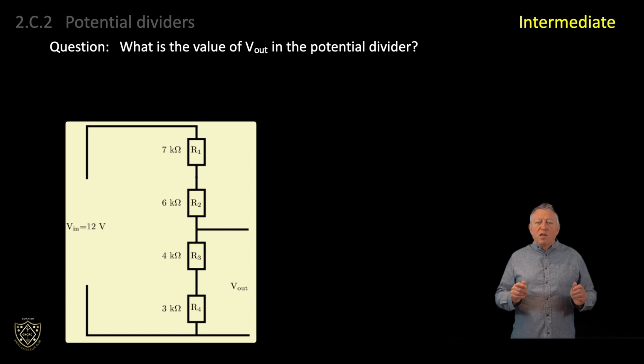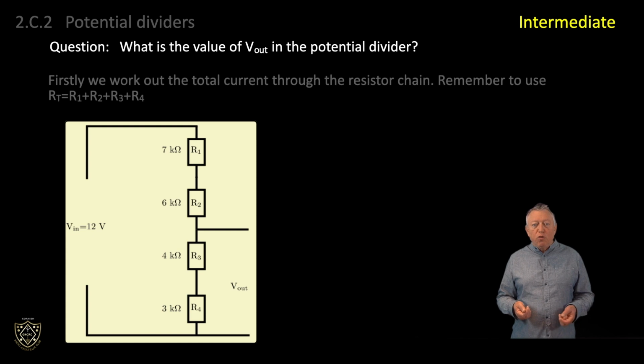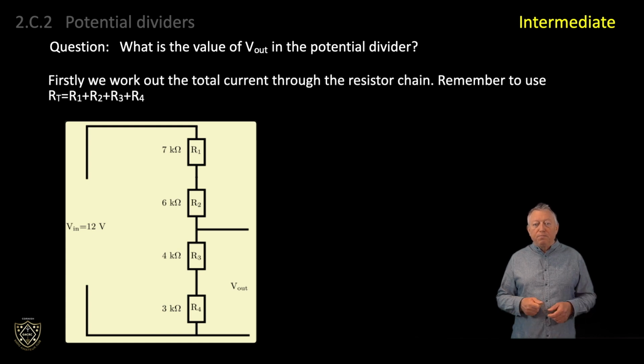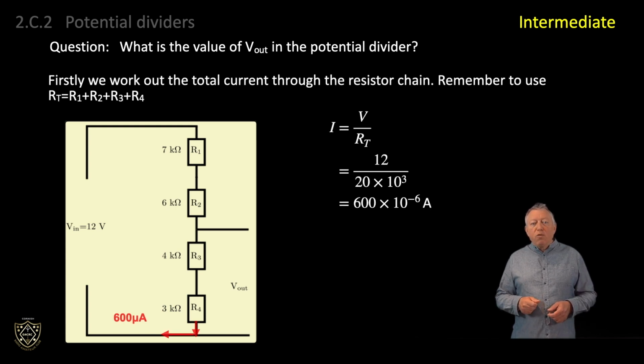Remember to use the total resistance RT equals R1 plus R2 plus R3 plus R4. I equals V divided by RT, which equals 12 divided by 20 times 10 to the 3, which gives our circuit current 600 times 10 to the minus 6 amps, or 600 microamps.